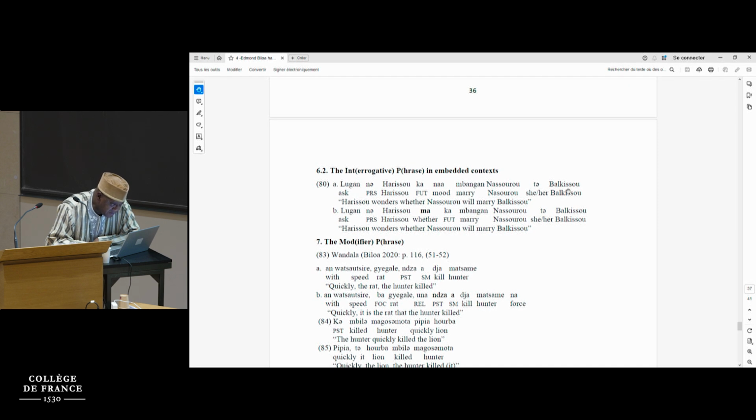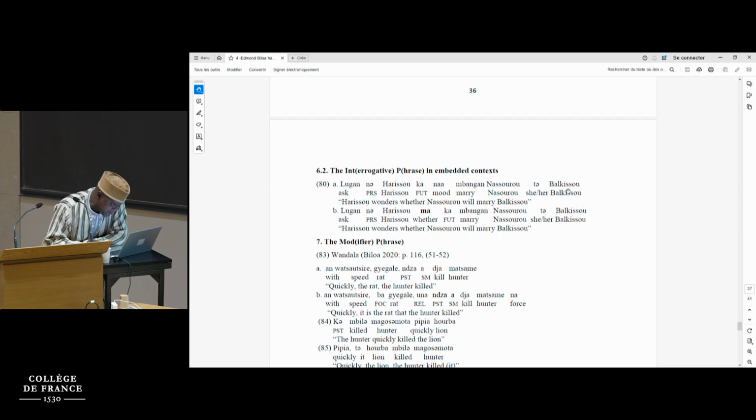The mood marker functions exactly like the indirect question complementizer, but they are in complementary distribution. You cannot have both. If you have a mood marker, you cannot have the indirect question complementizer. In 80A, you have the mood marker, and therefore you don't have the indirect question complementizer. In 80B, you have the indirect question complementizer ma, and therefore you don't have a mood marker. So these two elements are in complementary distribution in this language.